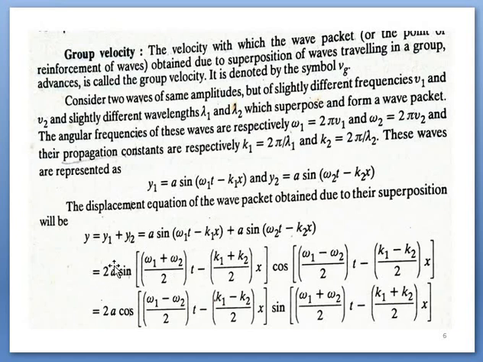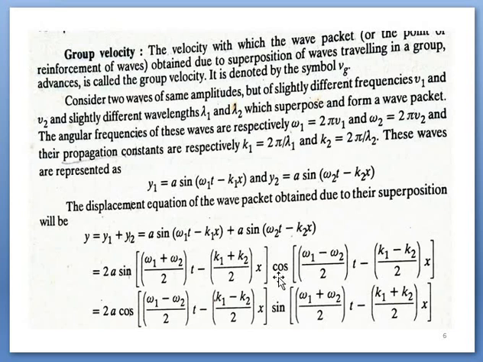A is kept outside, small a, 2 sine((A plus B) by 2). So when these are added, the first terms are added and divided by 2, t is kept outside, minus is kept outside, and the sum of k1 and k2 is taken, with x kept outside.